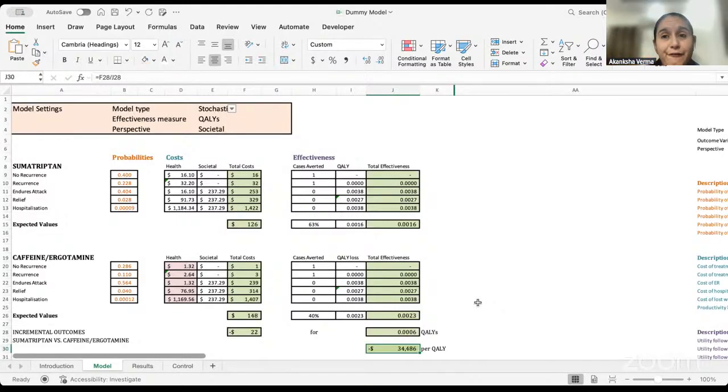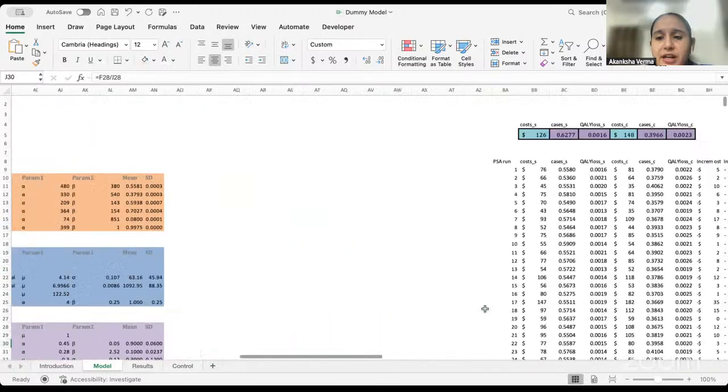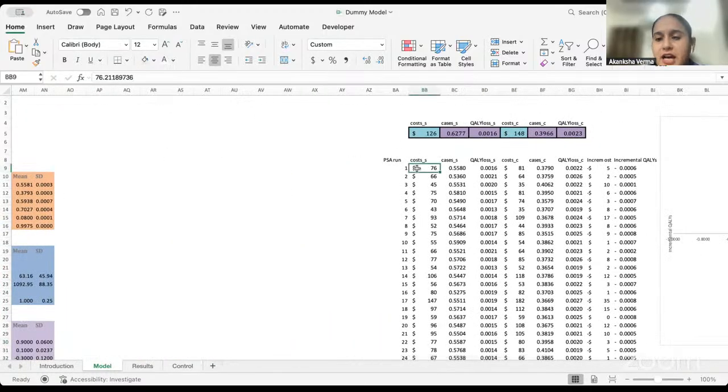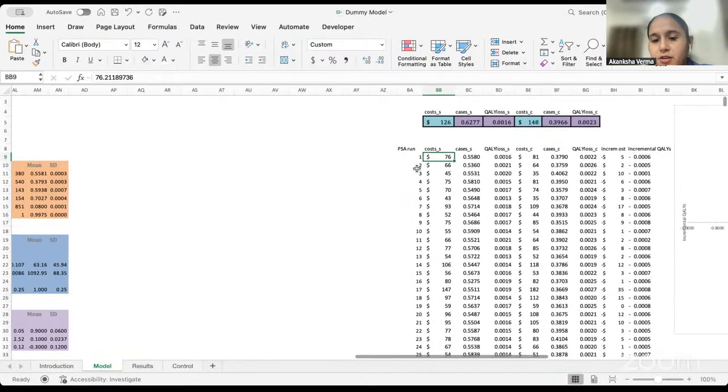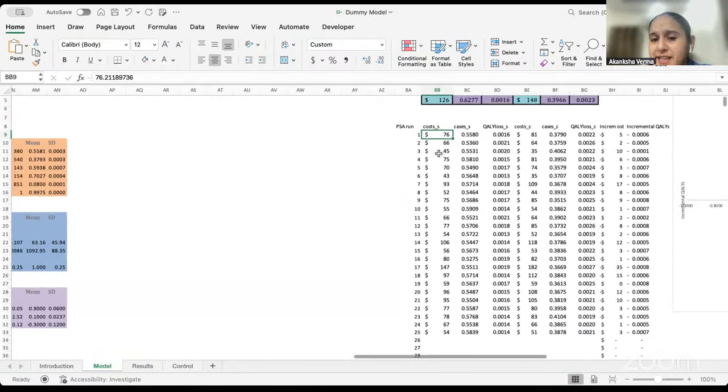Now, to see the robustness of your model, you will have to do this process thousands of times. After those thousands of times, you will have thousands of values of your incremental cost and your incremental QALYs. So for you to understand, I have not done it thousands of times, but a few iterations I have pasted here.